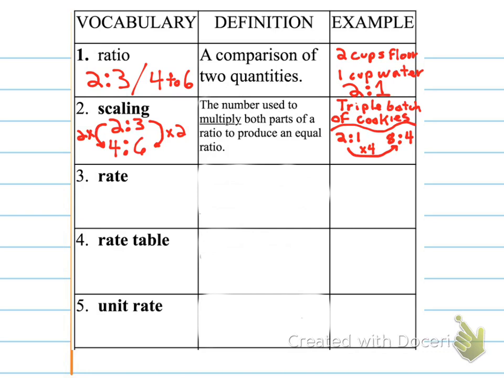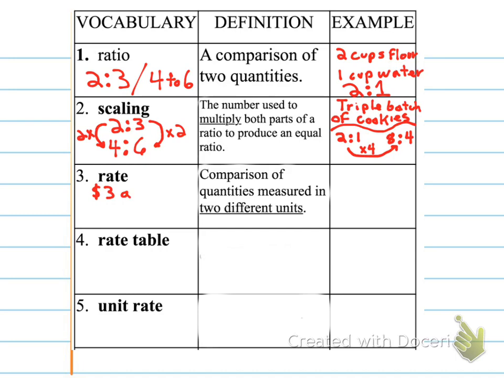And then we're going to talk about rate. And rate is when we take the comparison of 2 quantities measured in 2 different units. Okay? That sounds a little complicated, but for instance, if I have $3 a soda, I'm comparing a rate, or let's say $4 a dozen for donuts.